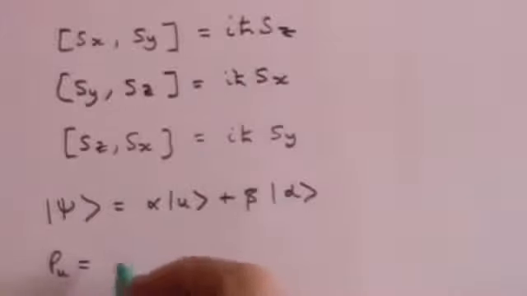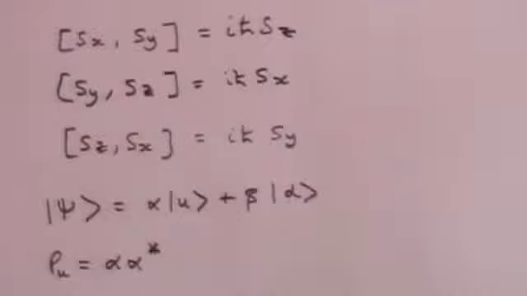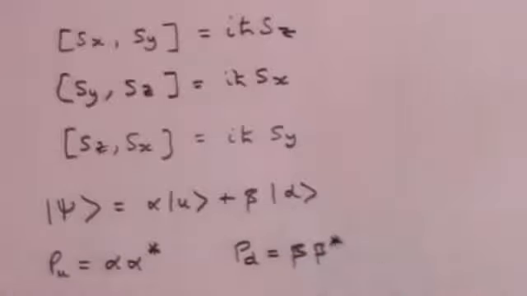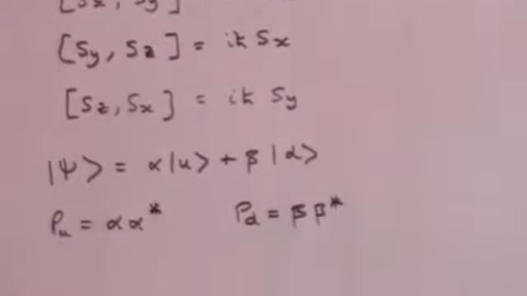To get the probability, you have to square the probability amplitude, or more accurately, multiply by its complex conjugate. So the probability of getting an up will be alpha alpha star, where alpha star is the complex conjugate. And the probability of getting a down is beta beta star. And since you must get either an up or down, you never get a zero, you always get one or the other.